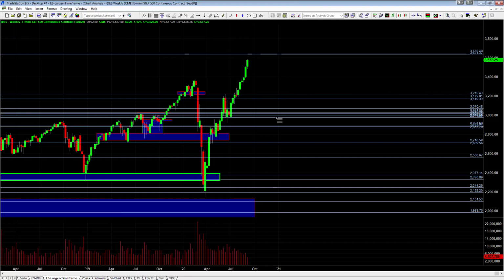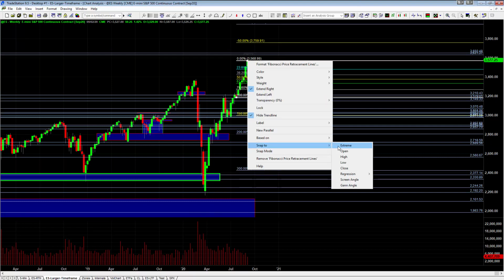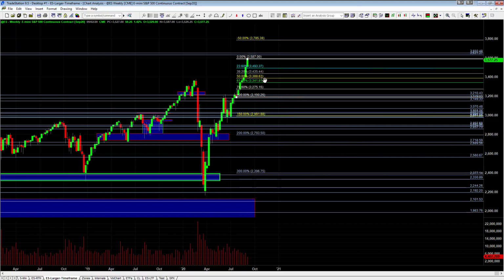So where do you measure from? Well, you can either measure from the actual swing low here, or you can measure from the breakout. Well, let's be super aggressive and measure from the breakout itself, right? So that looks like this. A 50% retracement brings you back down into the recent swing high. That's what you'd be testing at that point.